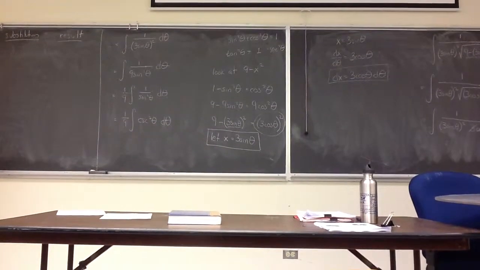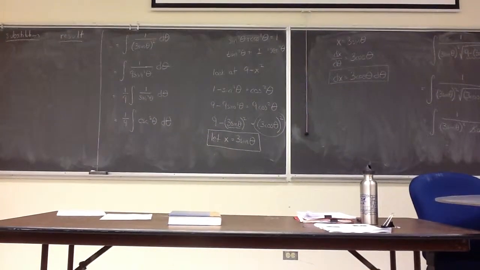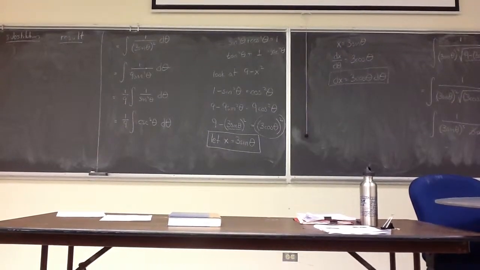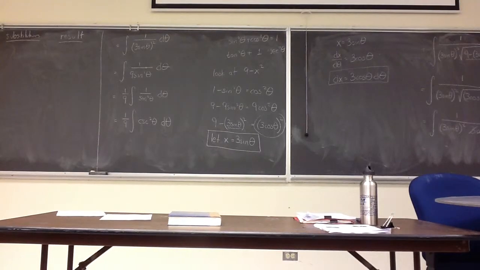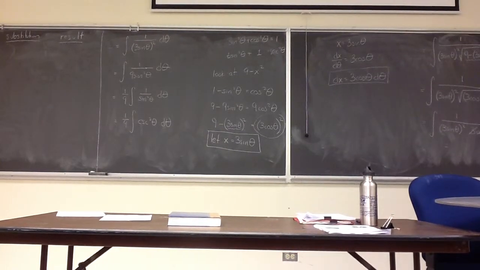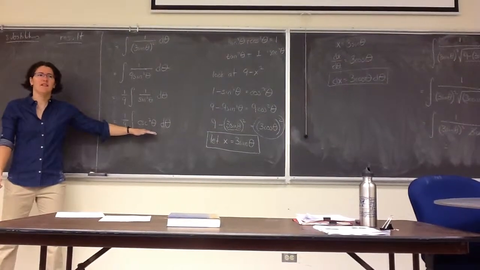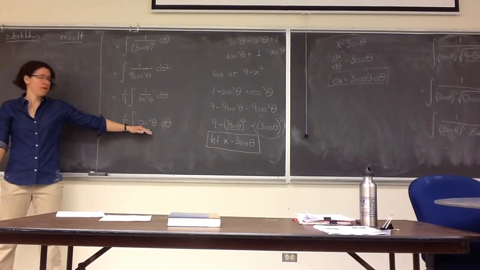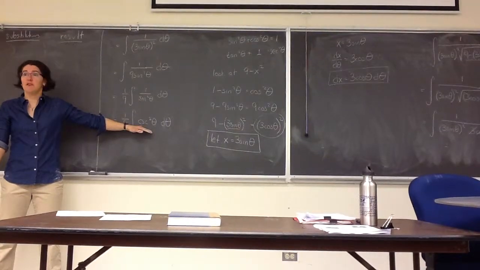Anybody know an antiderivative for cosecant squared? Minus cotangent? Yeah, so if this were secant squared, then your antiderivative would be positive tangent. So with the co, just put the co in front and toss a negative in there.